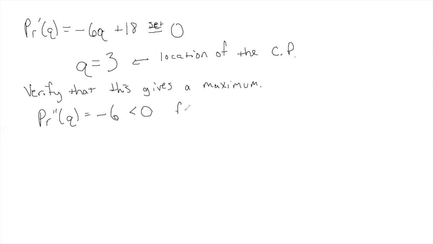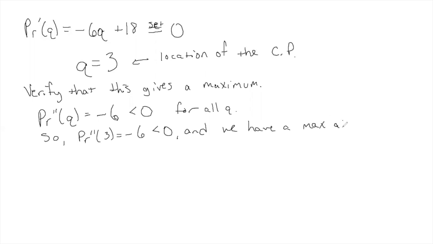It's less than 0 for all Q. So the second derivative evaluated at 3 is still negative 6, is still less than 0. And we have a max at Q equals 3. Great, which is what we want.